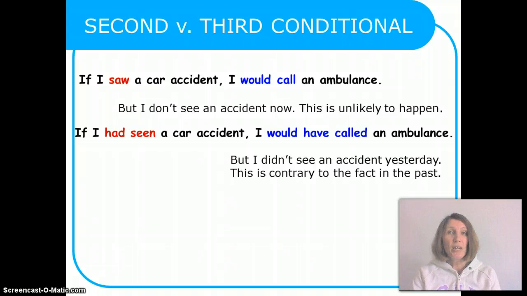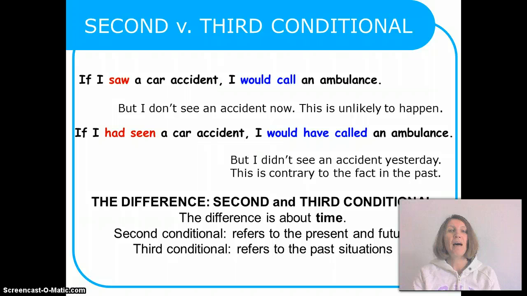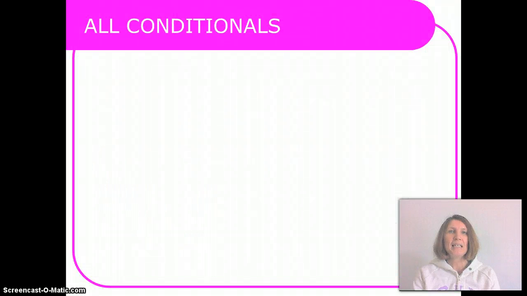But imaginary, if I had seen a car accident, I would have called. So notice that the second conditional is talking about now, a present situation. Whereas the third conditional is talking about the past, something that you would have done if the situation would have been different. Both are generally for imaginary or unlikely situations.